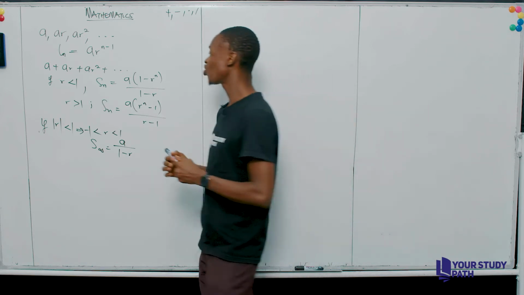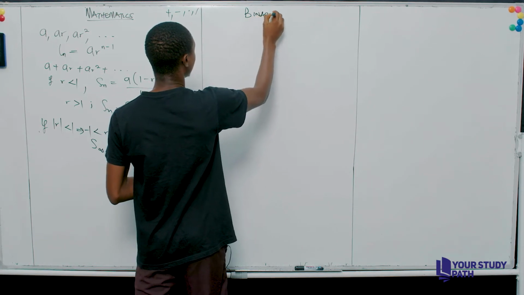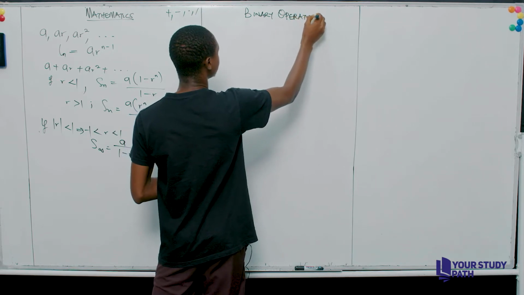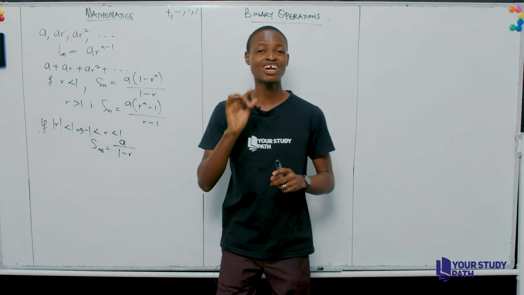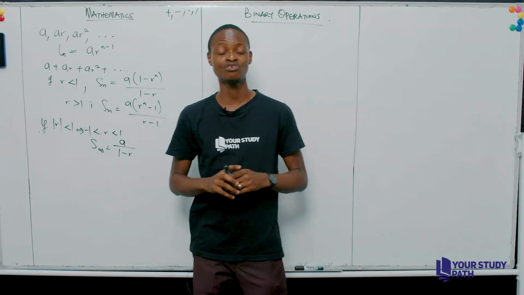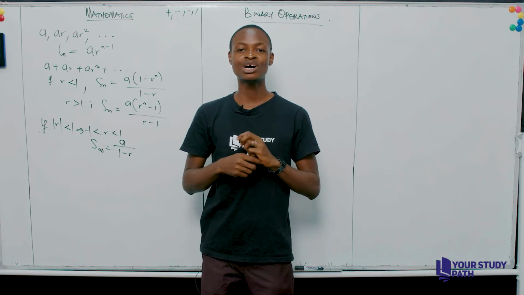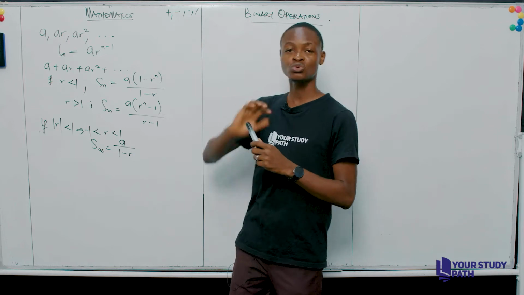We will be treating the concept of binary operations. Now, for binary operations, the very first thing that we have to keep note of is the fact that we cannot solve them without a very good understanding of how the normal arithmetic operations work.